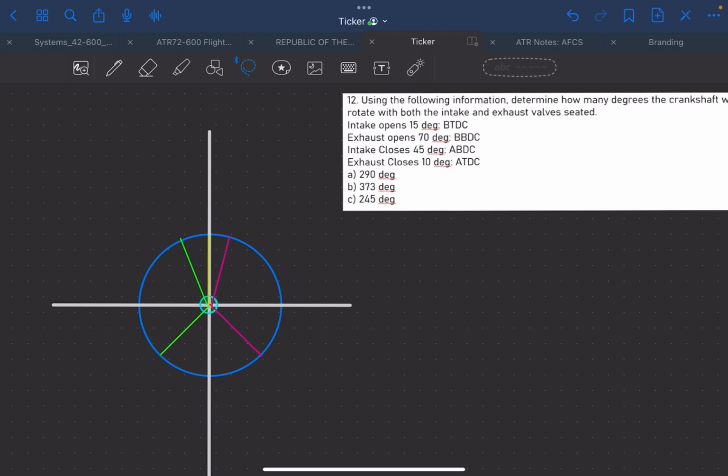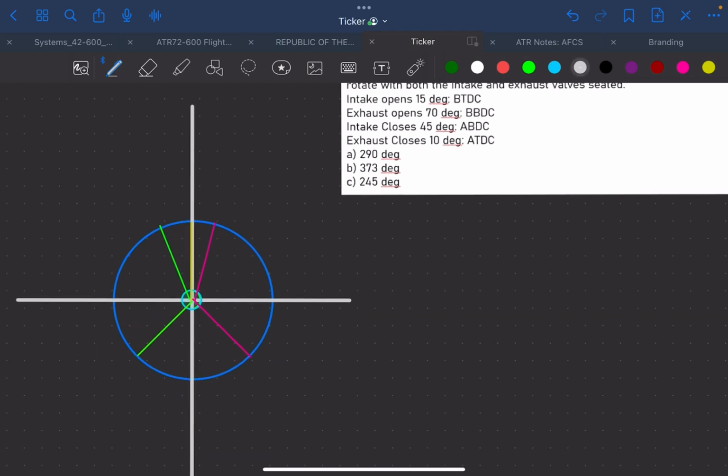Okay, so let's label each angle. Intake opens 15 degrees before top dead center, that's 15 degrees. During the intake stroke, we have what we call valve overlap, wherein both valves are open. The exhaust is still open at this point until 10 degrees after top dead center.